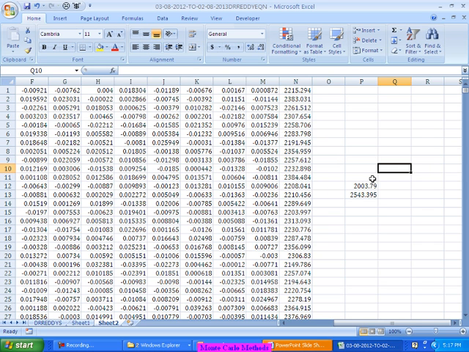Because I have 1000 observations, I can take the 10th smallest value. Whatever is the boundary, there are 10 values which are below it and 99 percent of the values are above it.